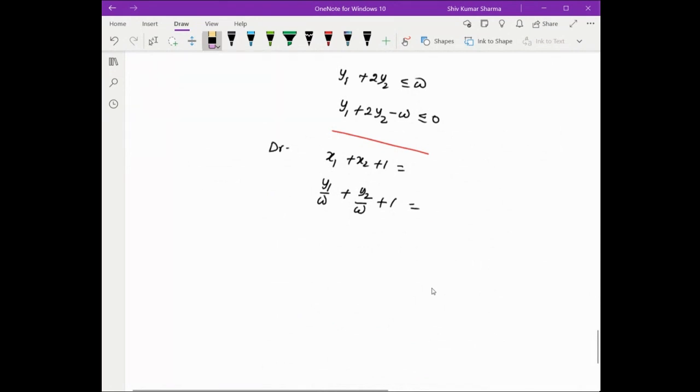So we take this equal to 1, and this means we write y1 plus y2 plus omega equal to 1. This omega you cannot take to this side.